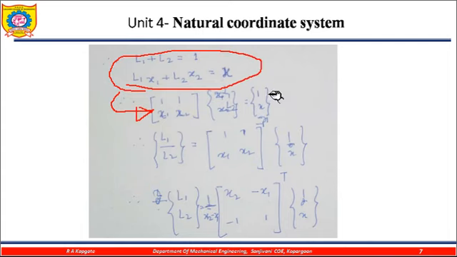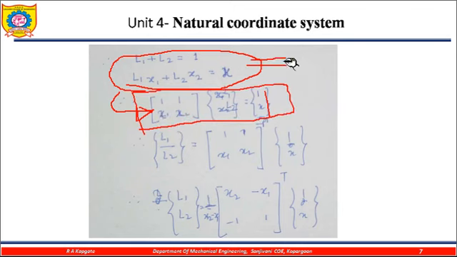So 1 and x are here, L1 L2 are the common terms, so writing here, and the remaining terms, so here 1 1 and here x1 and this is x2. So this is the matrix form of a linear equation. First of all we are transforming a linear equation form into matrix form.